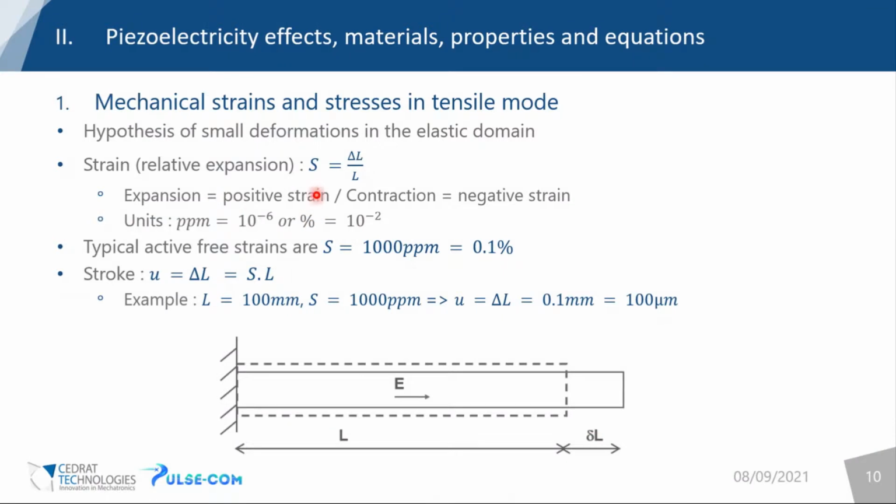Usually we talk about ppm for units because these are really small strains, from 10 to the power of -6. For piezoelectric materials, the typical strains are 0.1% or 1000 ppm. So it's a quantity that doesn't have a unit basically. And then we can compute the stroke of the material by multiplying the length by the deformation.